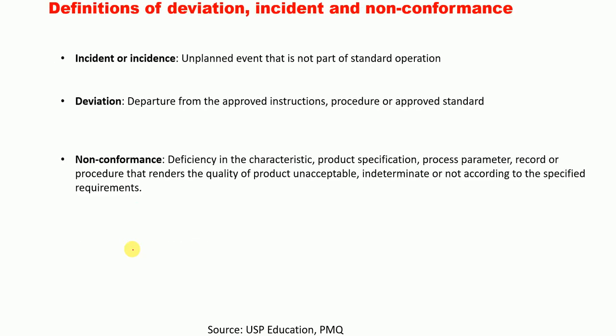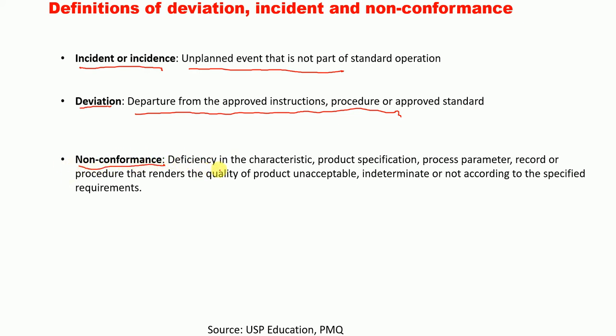Now, in detail, what is an incident? Incident or incidence is an unplanned event that is not part of the standard operation, whereas deviation, as the name suggests, is the departure from approved instructions, procedure, or approved standard.